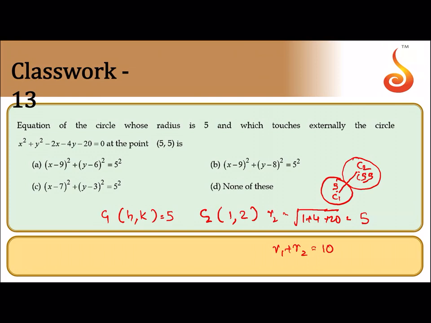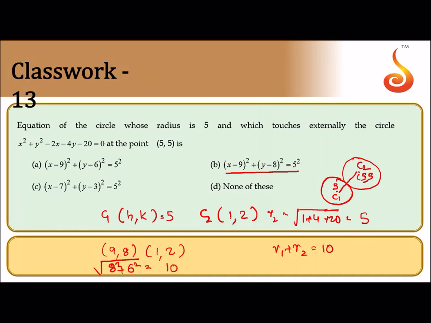So this type of problems can be done by inspection. If you see x minus 9 whole square plus y minus 8 whole square is equal to 5 square, you calculate the center h, k and the C1C2 distance, that must equal R1 plus R2. So this comes 9, 8 and this is 1, 2. So 9 minus 1 is 8 and 8 minus 2 is 6.